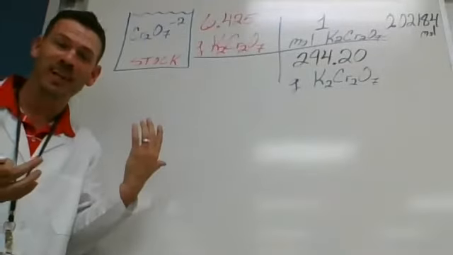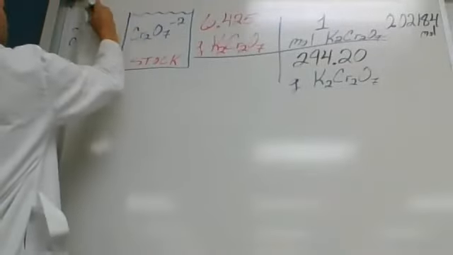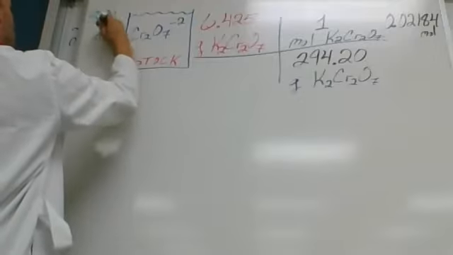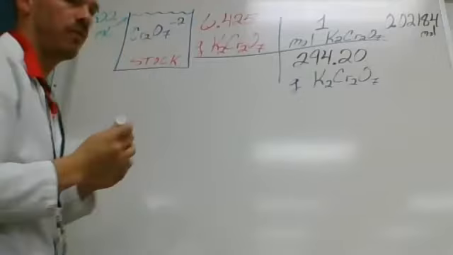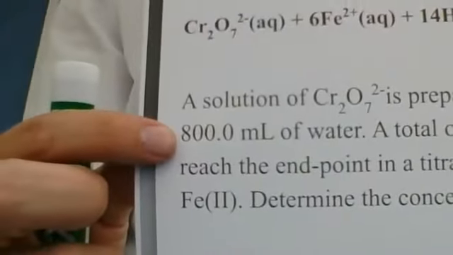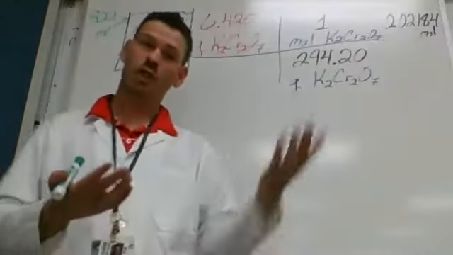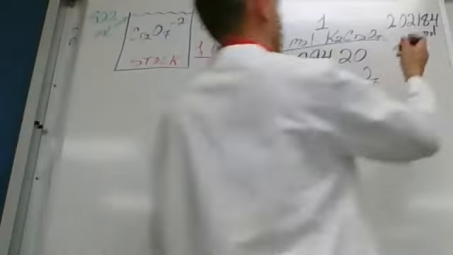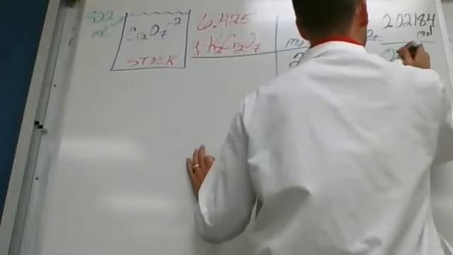How much water is in there? It's 800 milliliters. If you're like, did you just make that number up? No, I told you. 800 milliliters is what they dumped it into. So to find the strength of the stock solution, moles divided by liters, divided by 0.8.